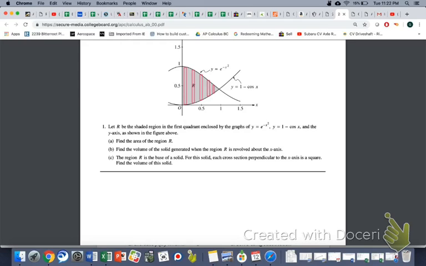So for question A, finding the area of R, I would write integral from somewhere to somewhere, I don't know yet, and these would all be dx thick, so it would be a dx integrand. And then maybe I would figure out my limits of integration.